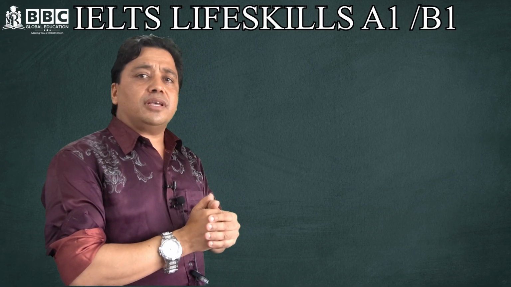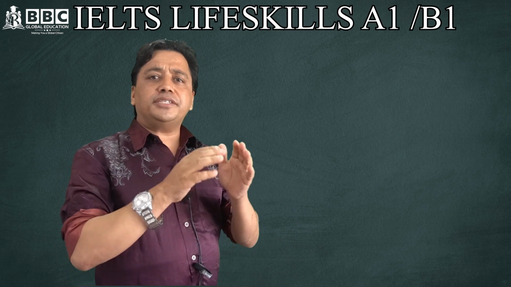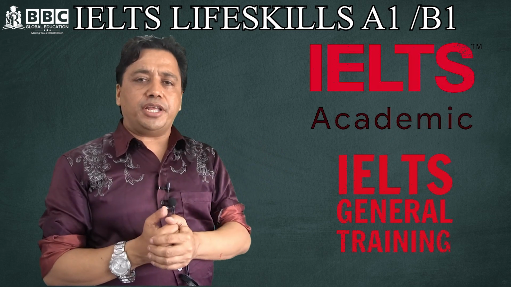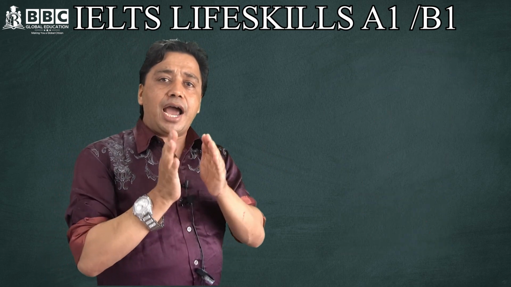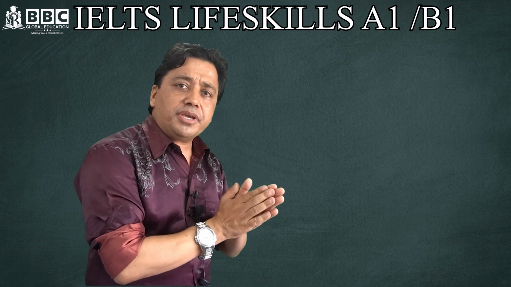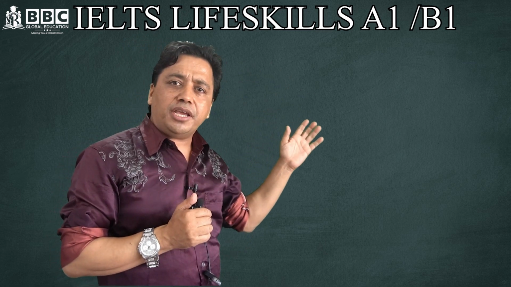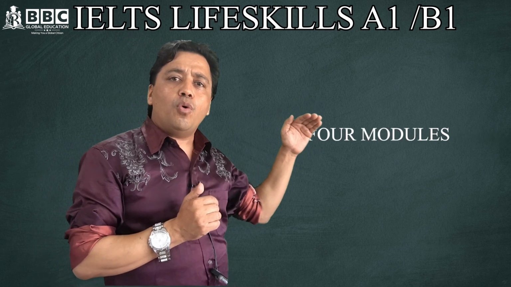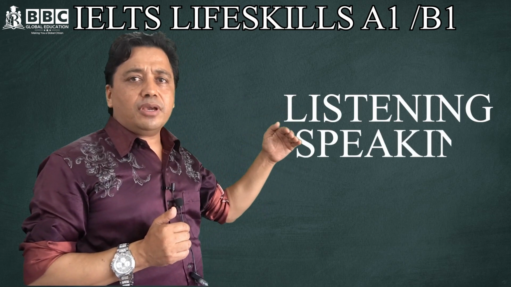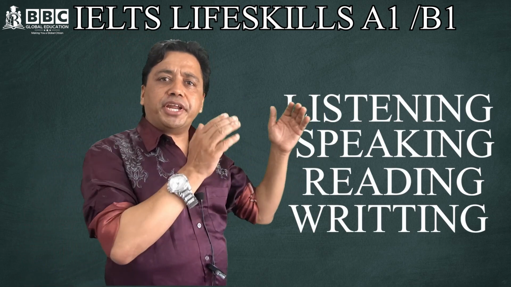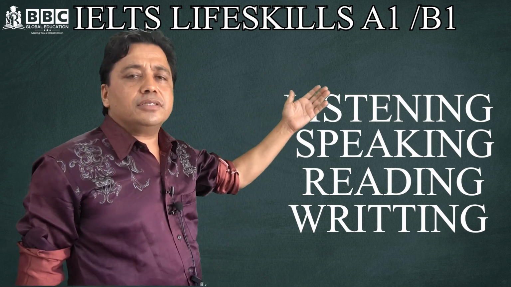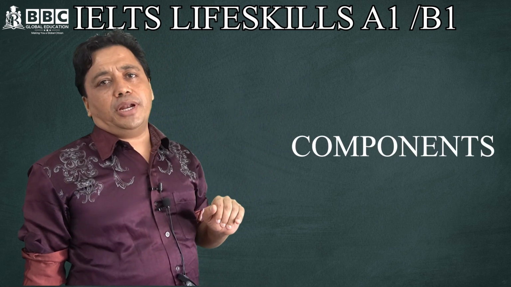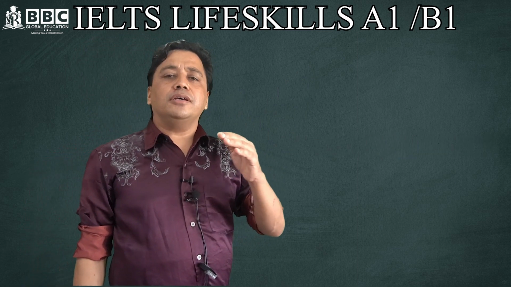And Life Skills A1 or B1 test is different from IELTS Academic and IELTS General Training, because in IELTS Academic and IELTS General Training, you will be assessed on 4 modules: listening, speaking, reading, writing. But in terms of IELTS Life Skills A1 or B1, you have only 2 components, that's listening and speaking.